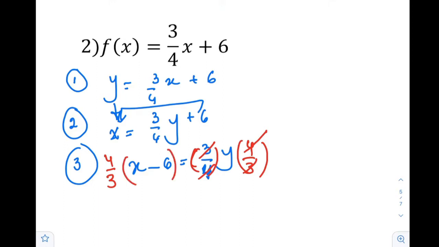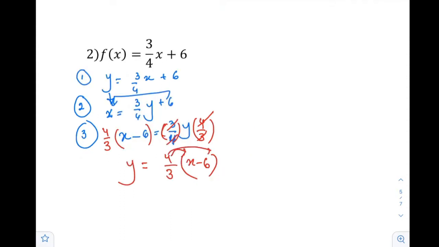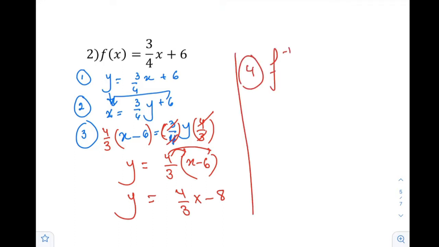And don't forget the bracket, because you are multiplying both sides, so we have y equals 4 over 3 times x minus 6. We can also distribute if you want. So it is 4 over 3x minus 4 times 6, 24 over 3, 8. Last step, we write it as f inverse. So f inverse of x is 4 over 3x minus 8. Easy.